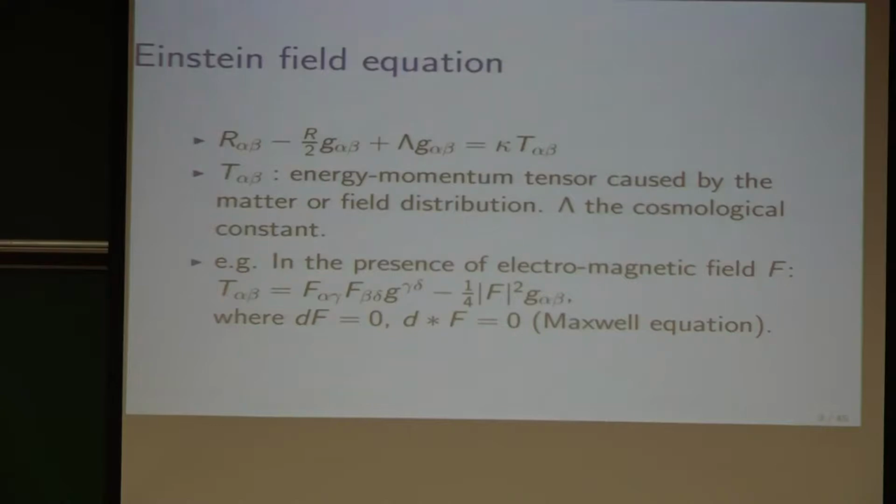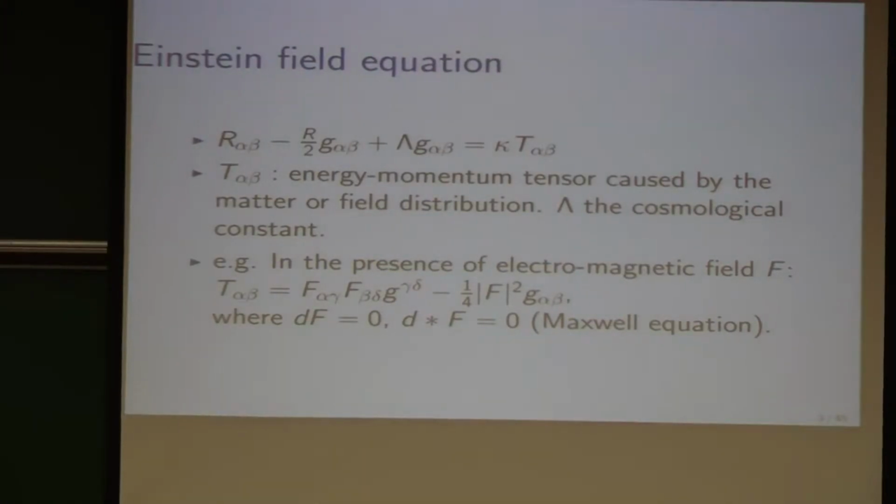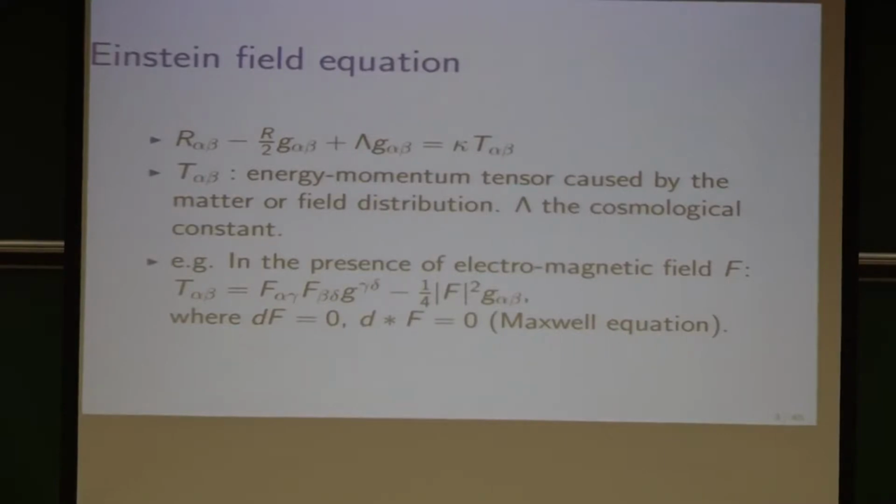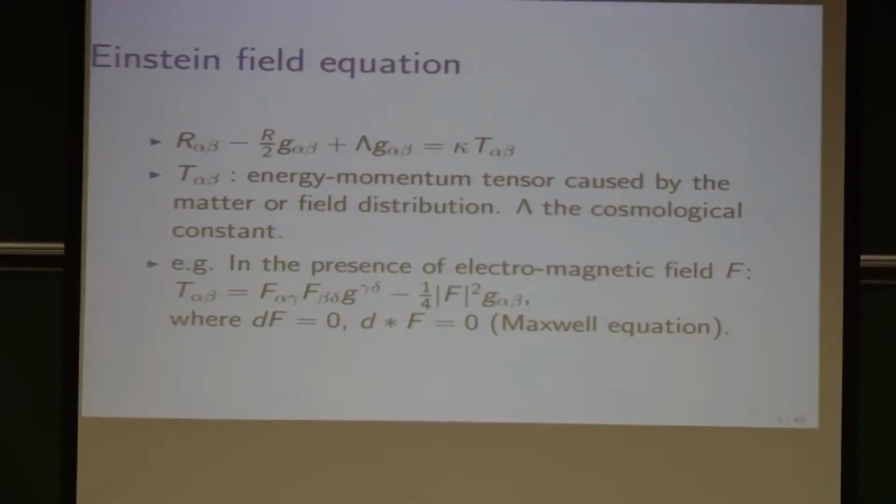R alpha beta minus R/2 g alpha beta plus lambda g alpha beta equals kappa times T alpha beta. Here R alpha beta is just the Ricci curvature, R the scalar curvature, and R alpha beta minus R/2 g alpha beta is the so-called Einstein tensor.